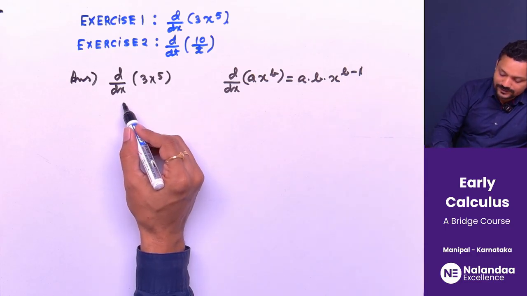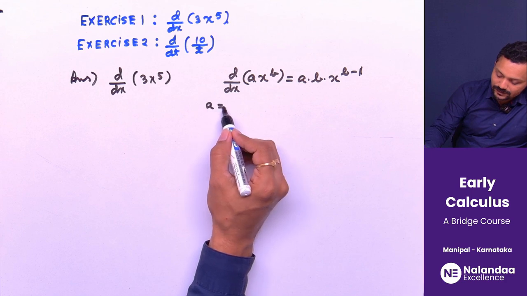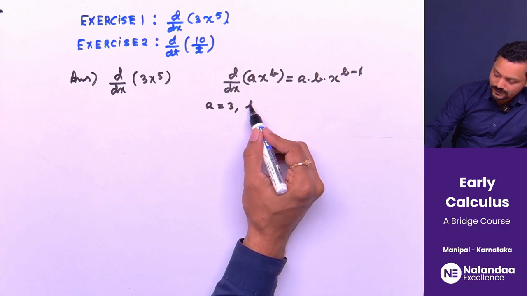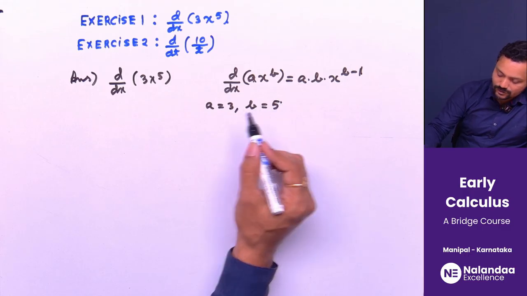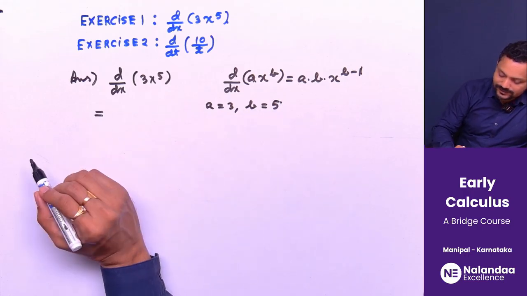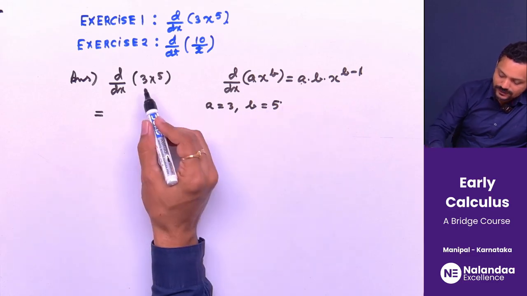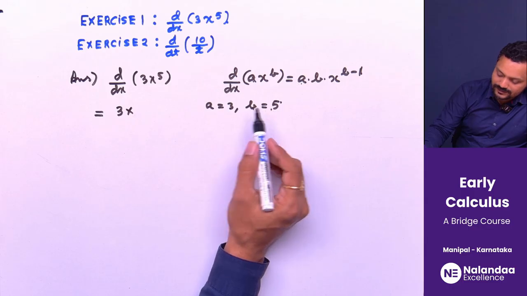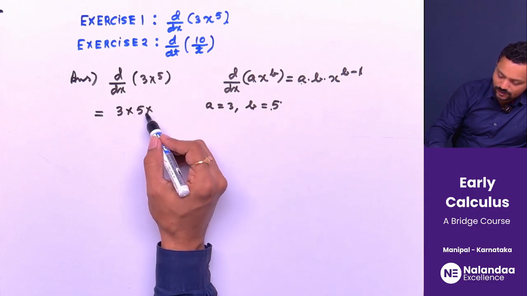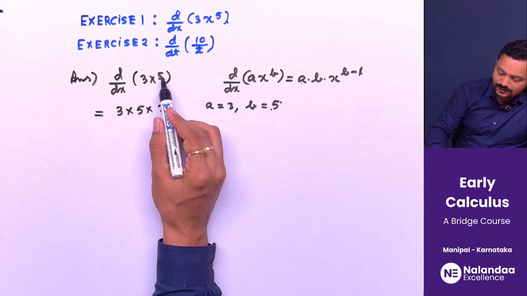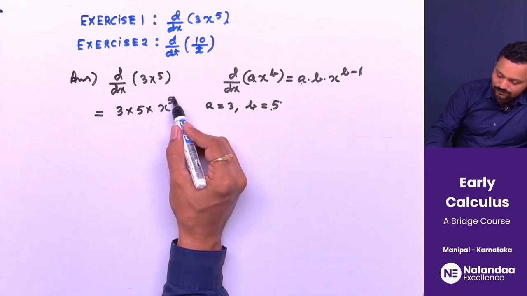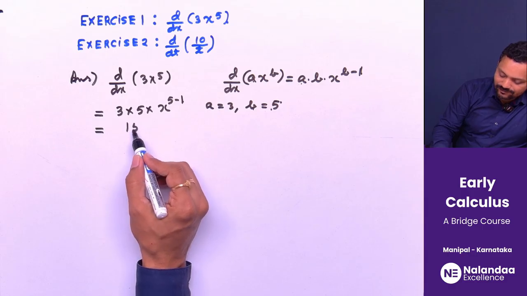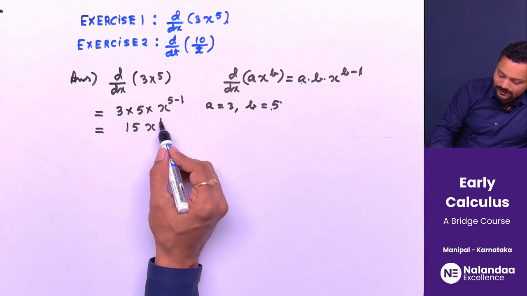Here we can see the value of a is 3, the value of b is 5. So this is equal to a, that is 3, into b, that is 5, into x power 5 minus 1. So this answer is 15 into x power 4.